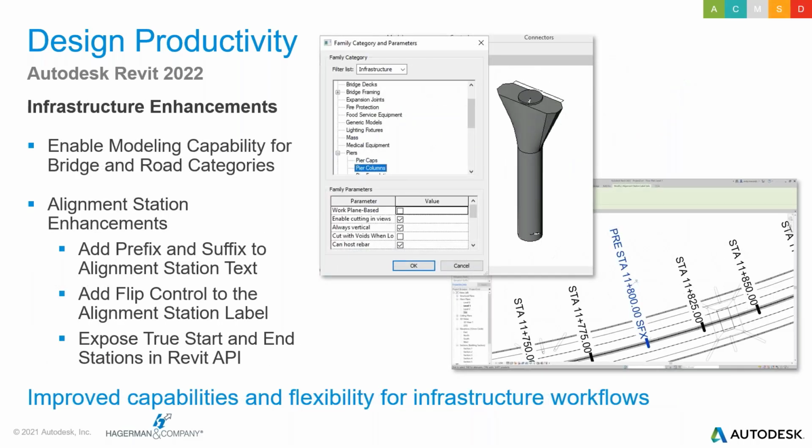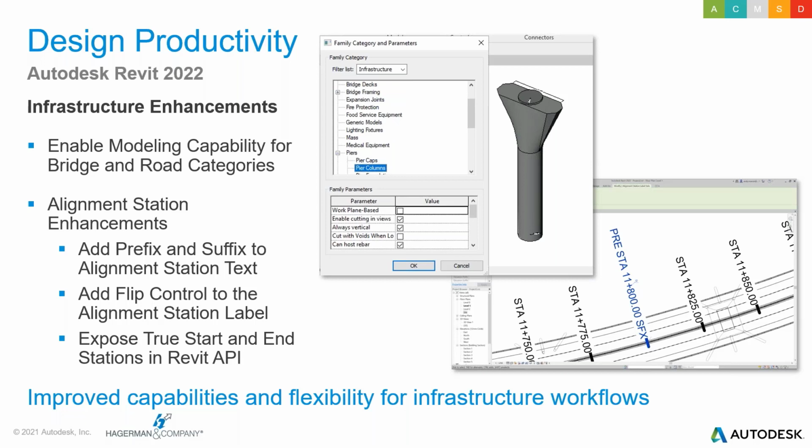Okay, in Revit 2022, Revit families created using the generic model family template can be assigned to the bridge and road categories and subcategories. So we're talking abutments, piers, and many more.